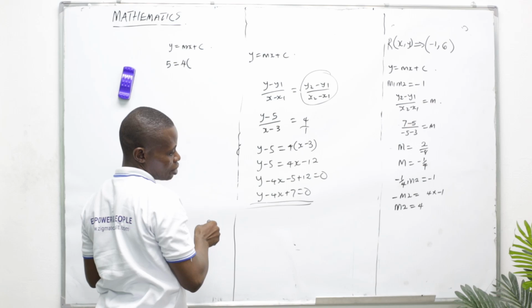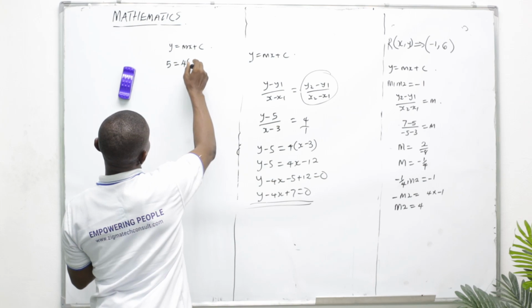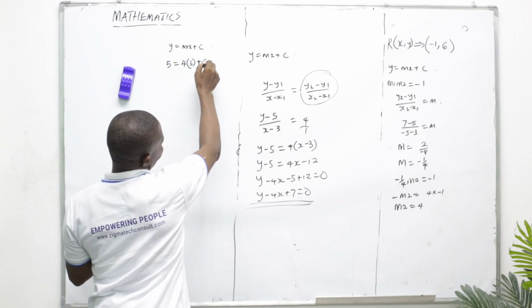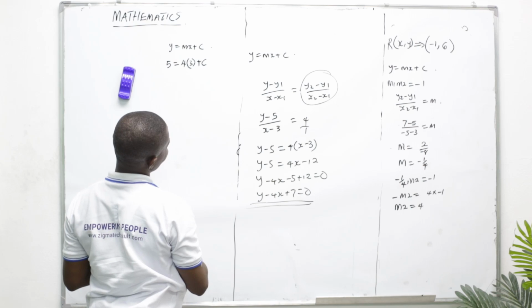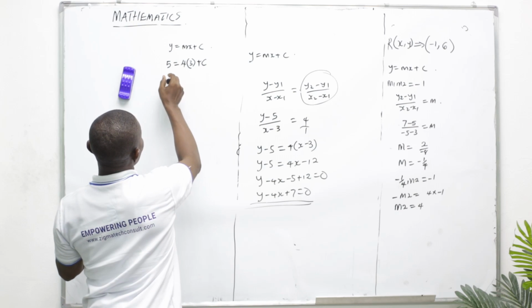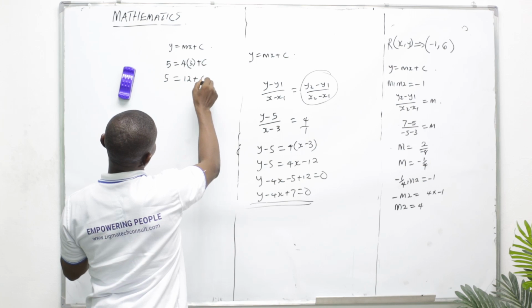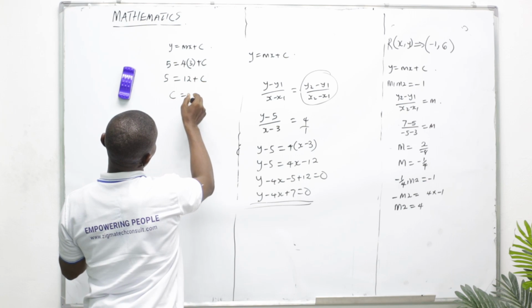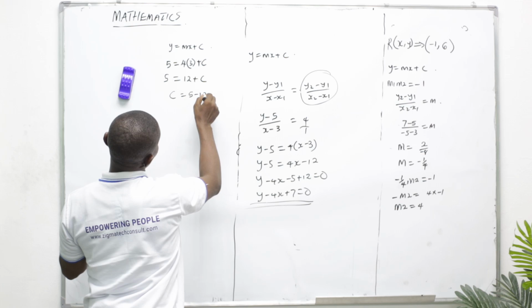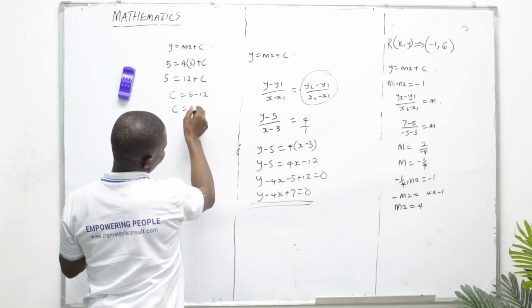Multiply by x, x is 3, I'll write. Plus c. Now, 5 equals 12 plus c. c now equals 5 minus 12. c equals minus 7.